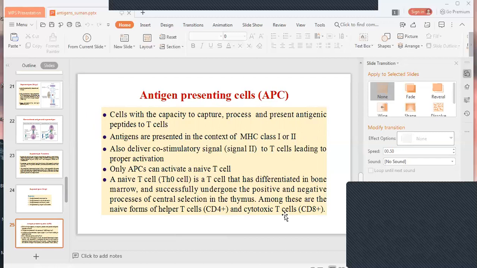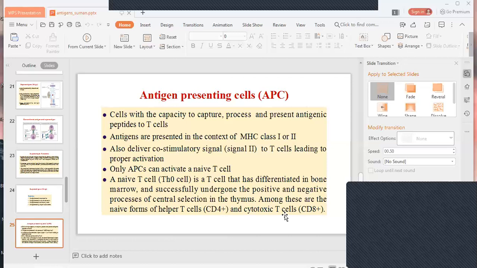Those cells that have the capability of recognizing, capturing, processing, and presenting antigenic peptide to the T cells are termed antigen presenting cells.